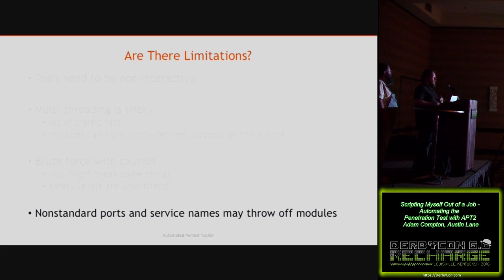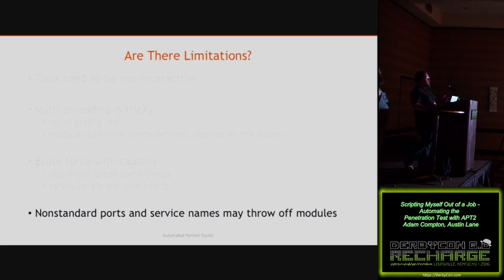APT doesn't know that port 2000 is FTP if Nmap didn't mark it as FTP. It won't know to do anything with that because it's not a standard port and the service name returned for it wasn't FTP. So this will throw off some modules with weird things, and this is where manual testing afterwards comes in, or using a scanner that can identify non-standard ports more accurately, using something like -A on Nmap, which will do a lot more thorough check than just your typical S or T scan.